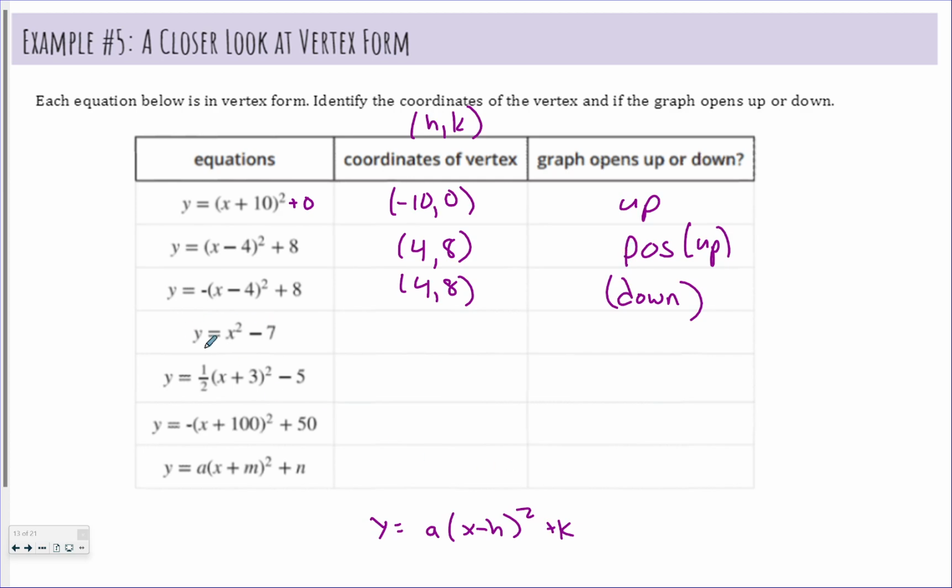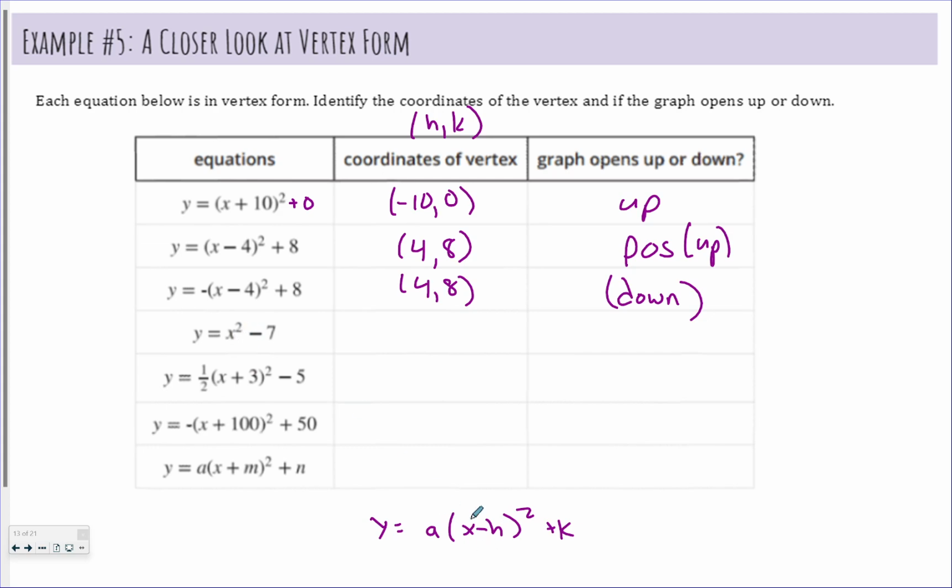Okay. What about this equation? This doesn't look like vertex form. Ah, but it actually is. Question, what's missing from this? It's missing that set of parentheses, right? The x is there, but the h is not. So a number being added or subtracted to x isn't there.